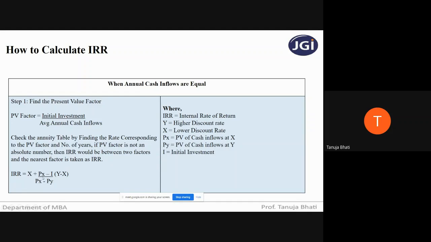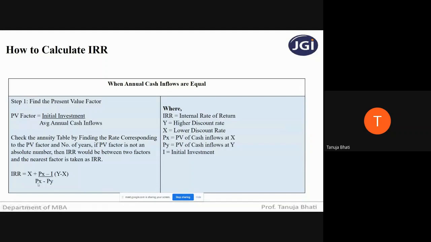PX is the PV of cash inflows at X. So how do you calculate present value of cash inflows? You use those factors, multiply the values with that factor, and you will get present value of cash inflows at X. So you have to calculate present value of cash inflows at 8%, minus I, which is your initial investment, the whole divided by PX minus PY. So that is present value of cash inflows at X.